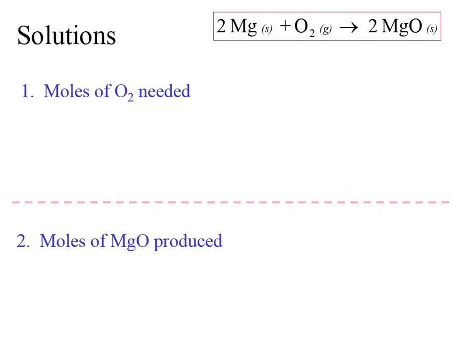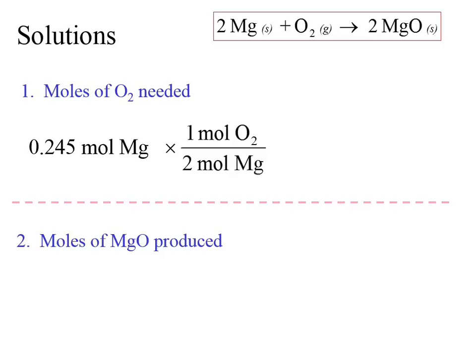All right, so we work them. Here we go. First one. We start with the moles of magnesium over 1, 0.245 over 1. And then we said if we go with this ratio of the 6 ratios, 1 mole of oxygen is reacted for every 2 moles of magnesium you have there.